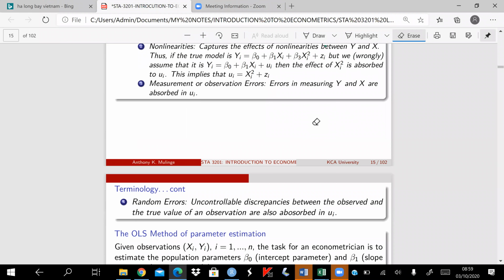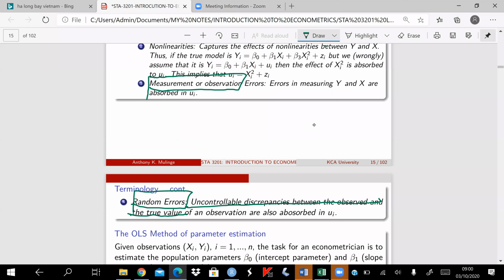Then finally, the error term also captures random effects or random errors, where these are uncontrollable discrepancies between the observed and the true value. So I want you to differentiate between measurement error and the random errors.